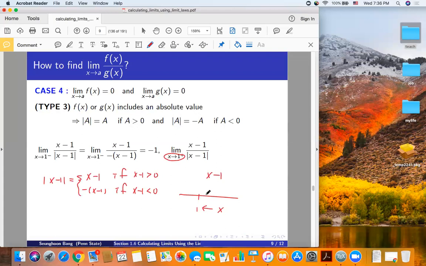I can choose a test number. This test number is close to 1 and greater than 1. I can choose like 1.1. You plug it in here. We have 1.1 minus 1, exactly positive 0.1. So x minus 1 is a positive number. You choose x minus 1.